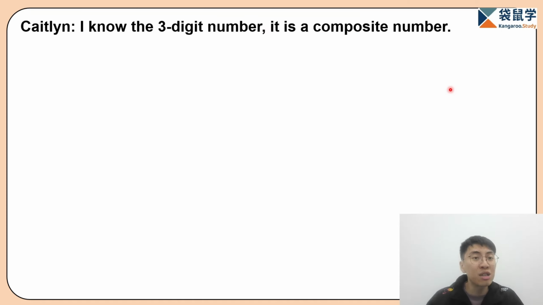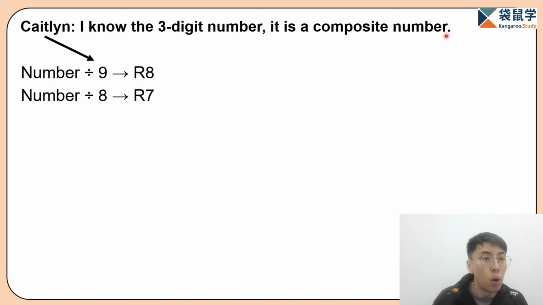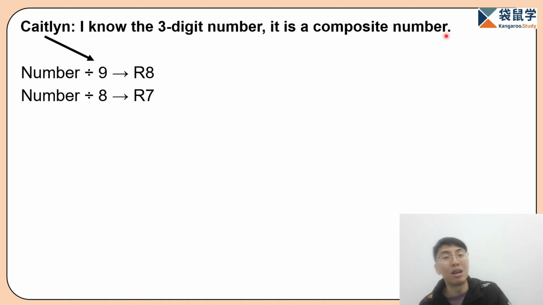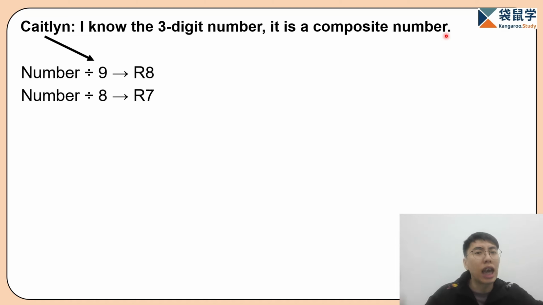Now, Caitlyn says, I know this 3-digit number already, and the number is a composite number. From this, first we think, what did we have originally? When this number is divided by 9, it gets a remainder of 8. And when this number is divided by 8, it gets a remainder of 7.